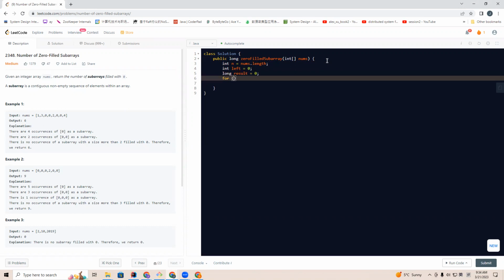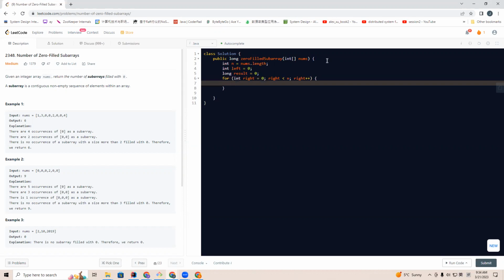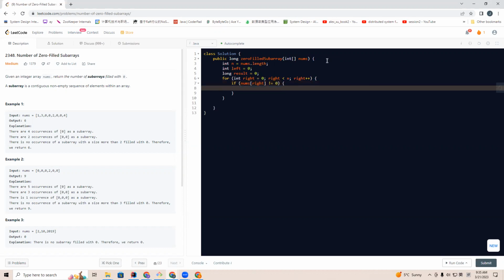So for int right equals 0, right smaller than n, right plus plus, we'll say if nums[right] doesn't equal 0, that means it has two scenarios.